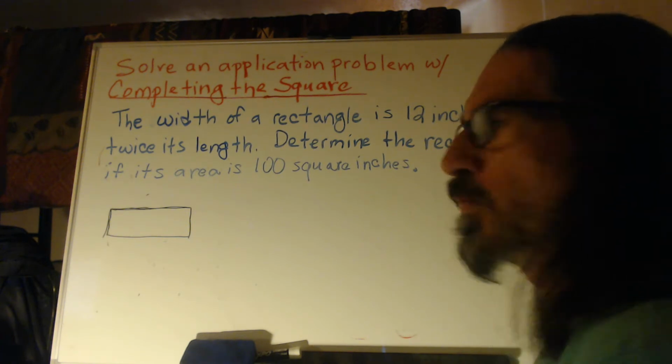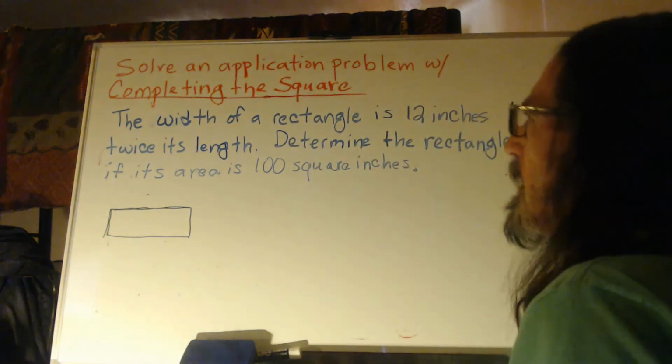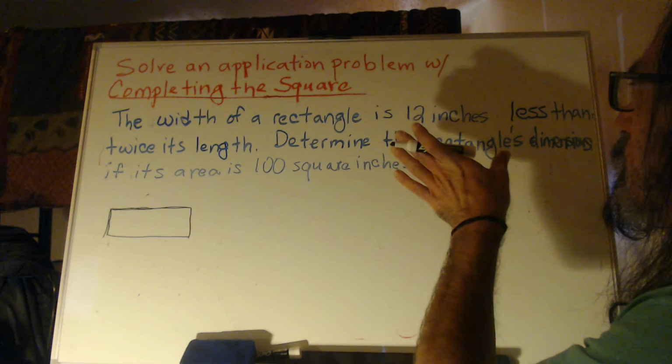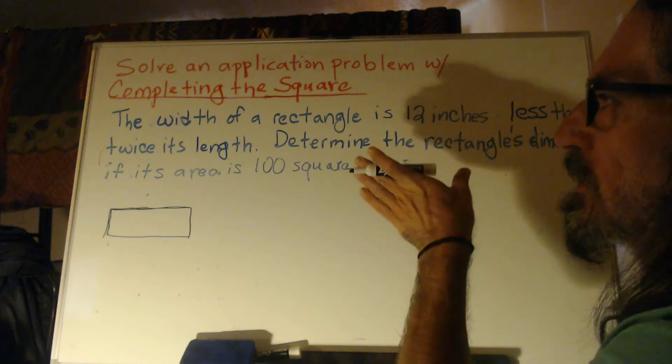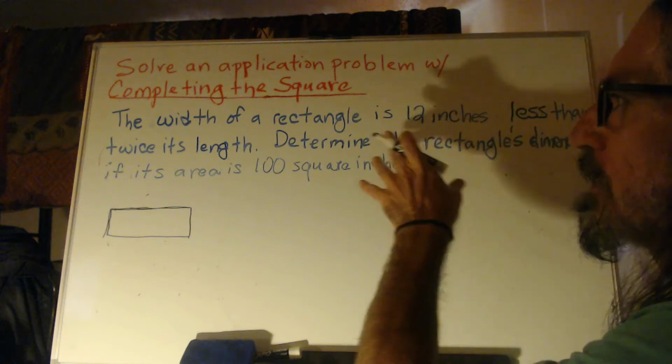We have that the width of the rectangle is 12 inches less than twice its length. It's not saying that the width of the rectangle is 12, it's saying that it's 12 inches less than twice its length.